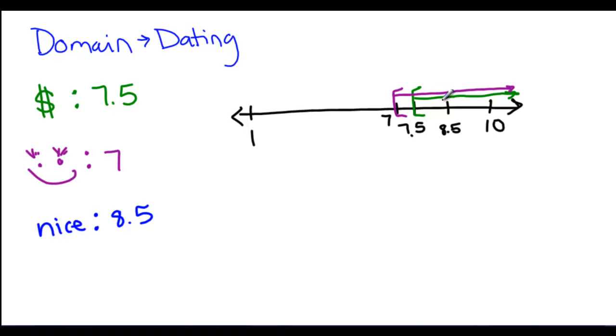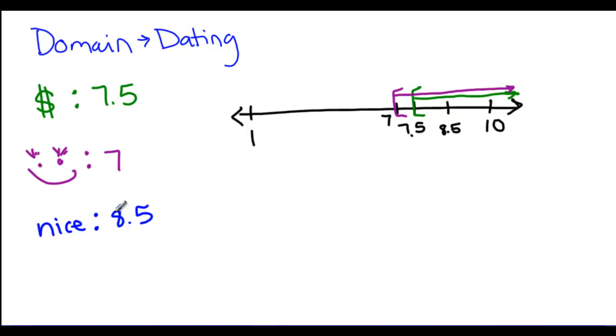Where these lines are overlapping, these are all the people that have enough money and are attractive enough to be good mates, or to be what we're looking for. And the people between the 7 and the 7.5, where we just have this purple but no green, these are people that are attractive enough but don't make enough money.